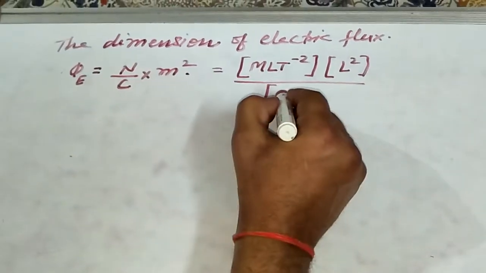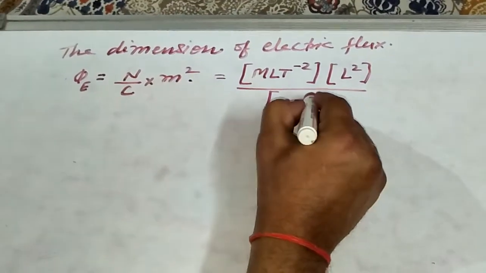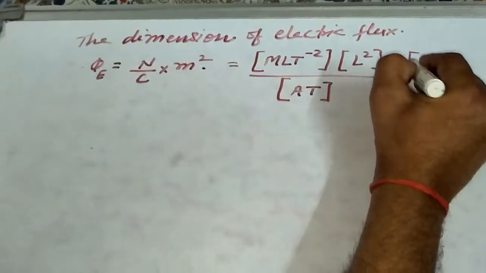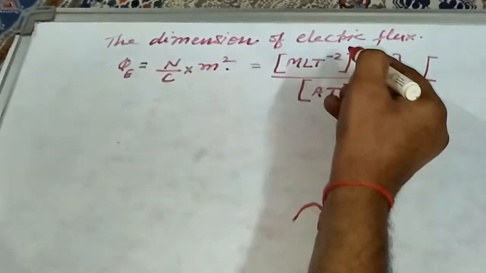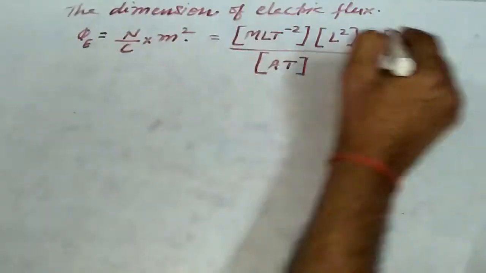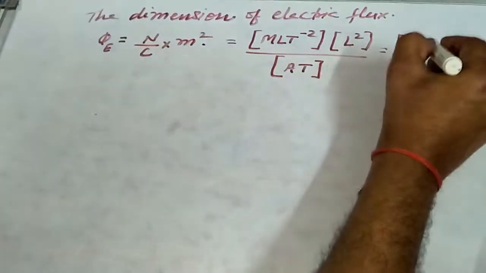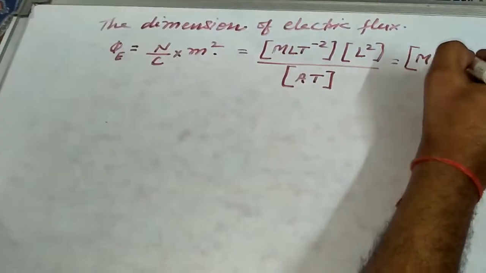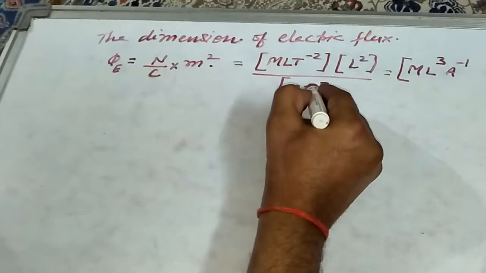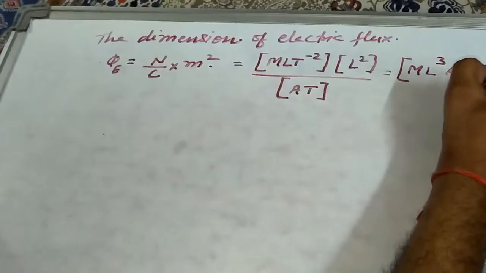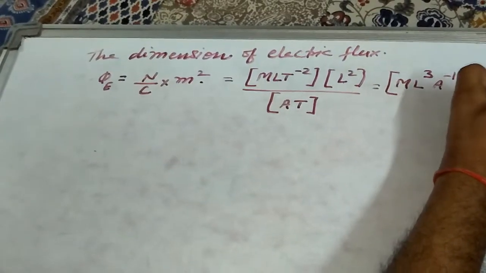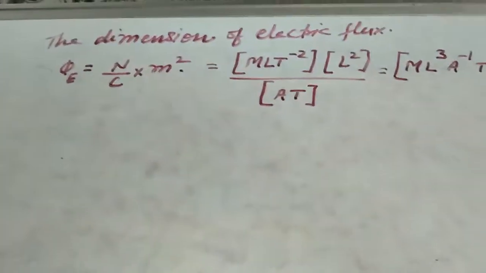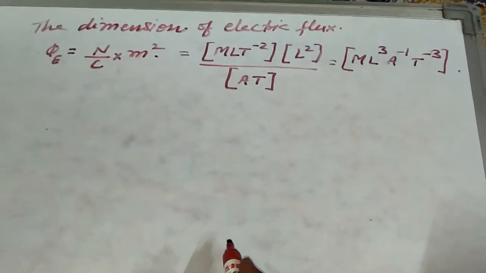And you know the dimension for coulomb Q is equal to I T, so you write A into T. Finally, when you transfer this A T to the numerator, you will get M L into L square, which is L cube, here A to the power minus 1. And when you take this T to the numerator, you will get T to the power minus 3. So in this video, student, you can find out the dimension of the electric flux.